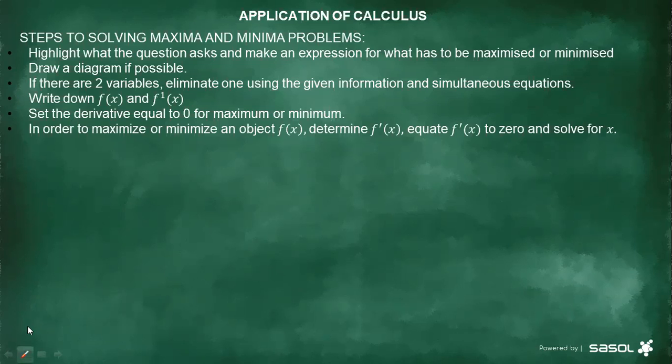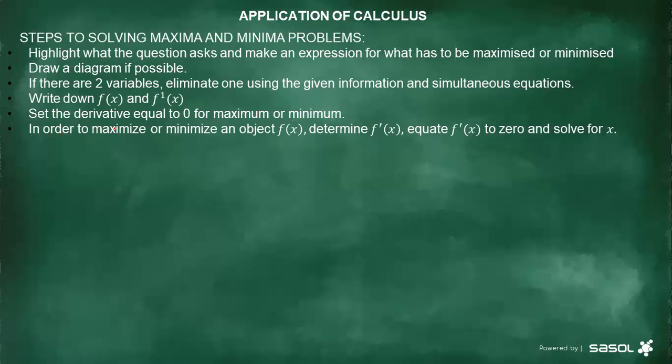Then, if there are two variables, eliminate one using the given information and a simultaneous equation. Write down f of x and f prime of x. Another point says set the derivative equal to 0 for a maximum or minimum. So if you are looking for a maxima or minima value, you have to equate the equation to 0, but after we have derived it.